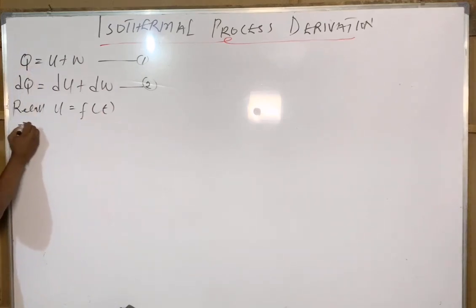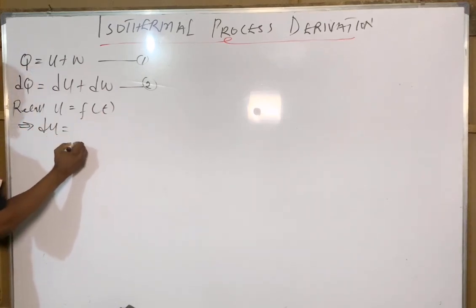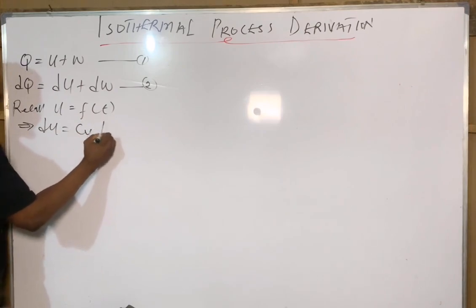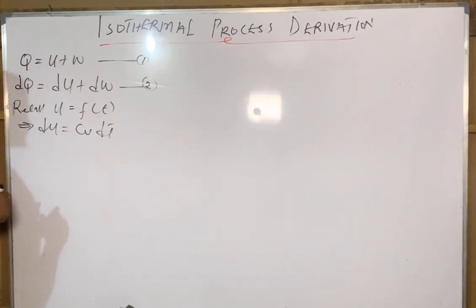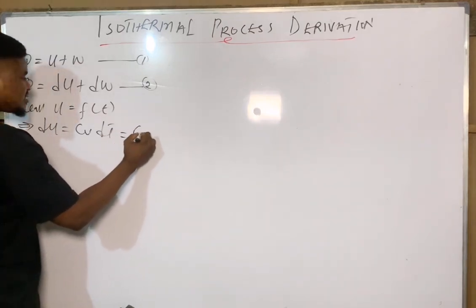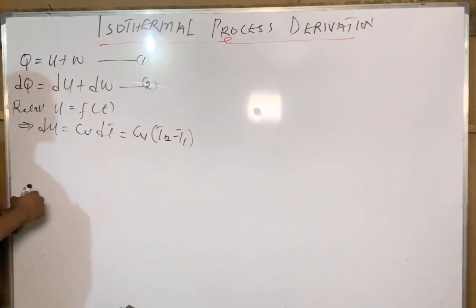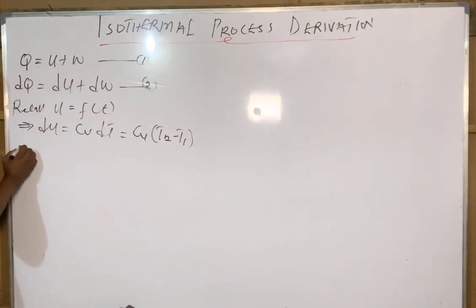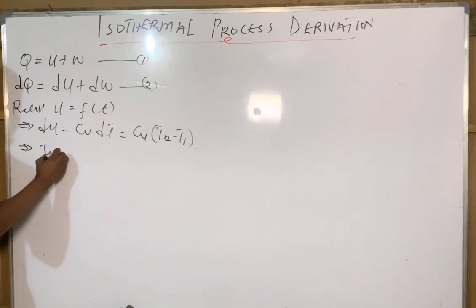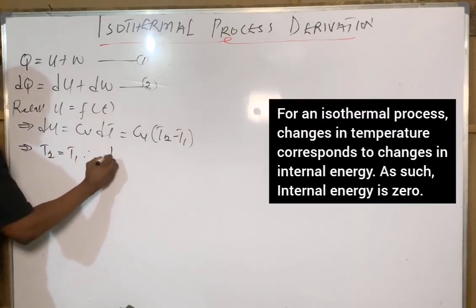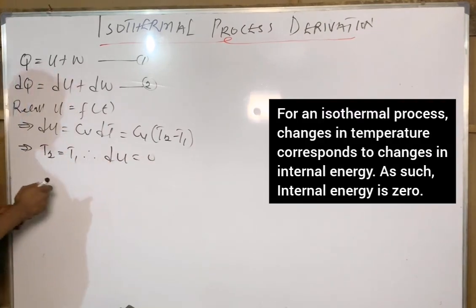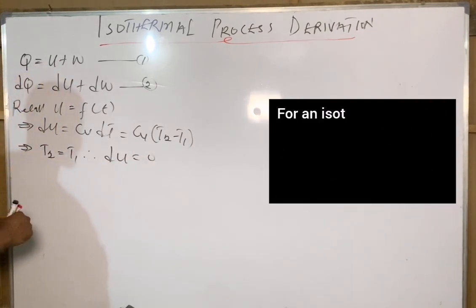So if we differentiate internal energy, we are going to have Cv dT, and this is obviously going to be Cv into T2 minus T1. For a constant temperature process, this simply implies that T2 is equal to T1. Therefore, the change in U is going to be equal to 0 for a constant temperature process.